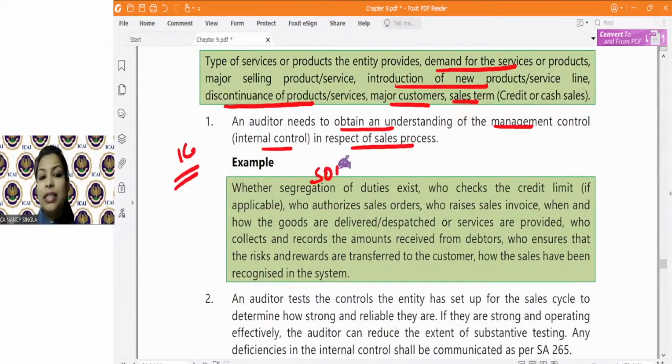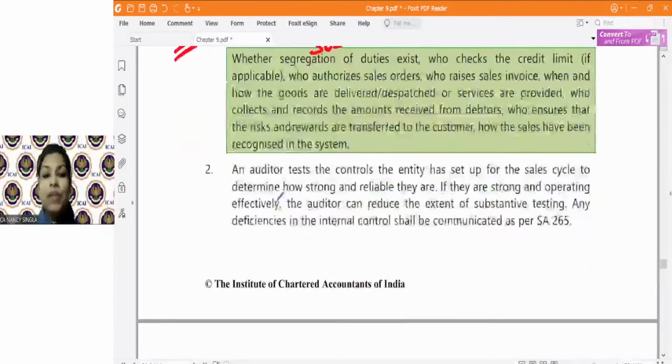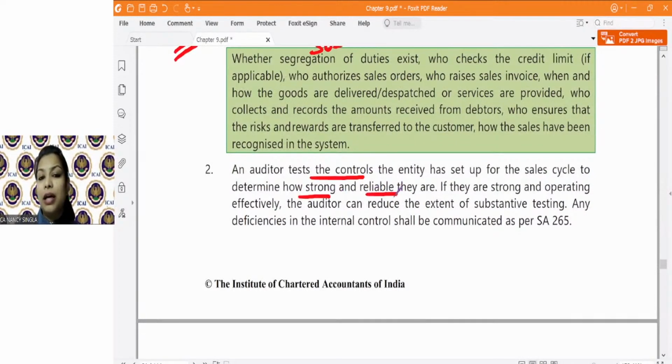For example, whether there is segregation of duty or not. He will check the internal control in order to see how strong and reliable they are. Why? Because this will decide his extent of substantive testing. And students, if there are any deficiencies in the internal control, auditor will communicate such deficiencies in internal control to those charged with governance and management in terms of SA 265.